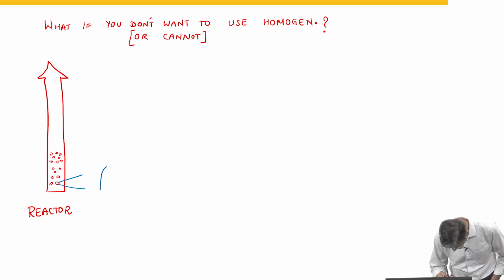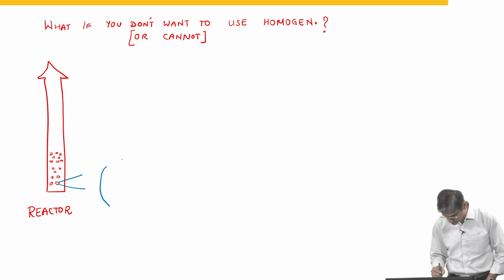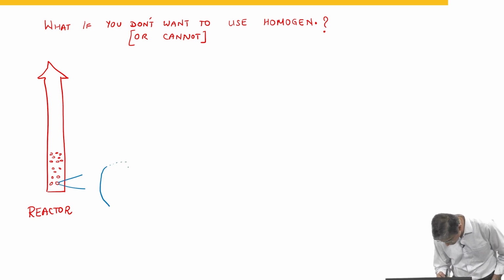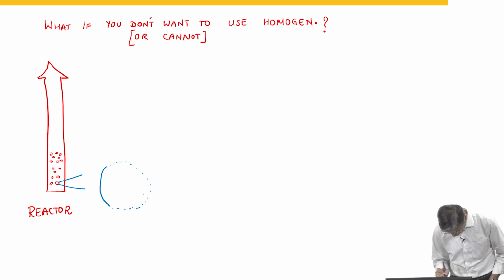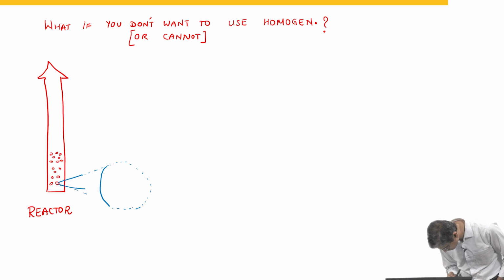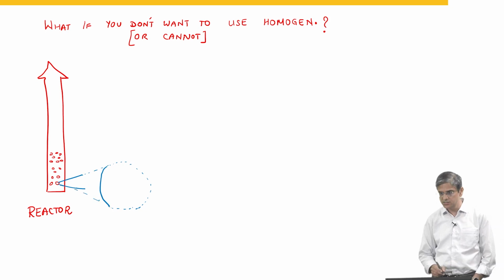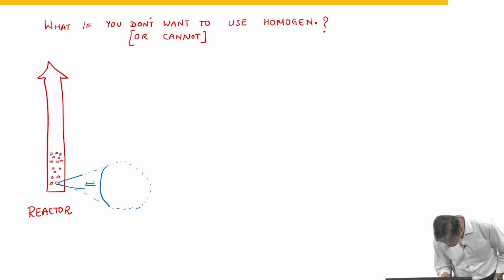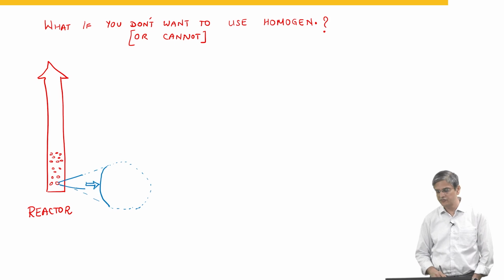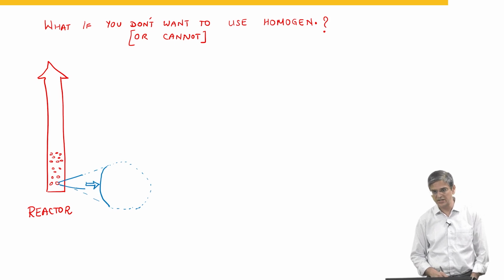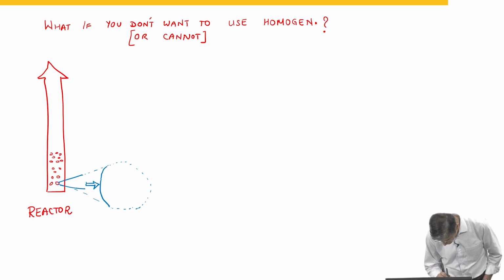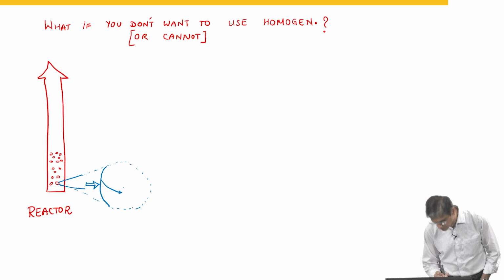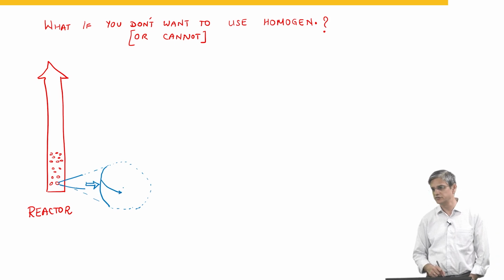This pellet, let's say it's a spherical pellet. You just expand this, and you have diffusion to the pellet, that's external diffusion, and diffusion inside the pellet, that is internal diffusion.